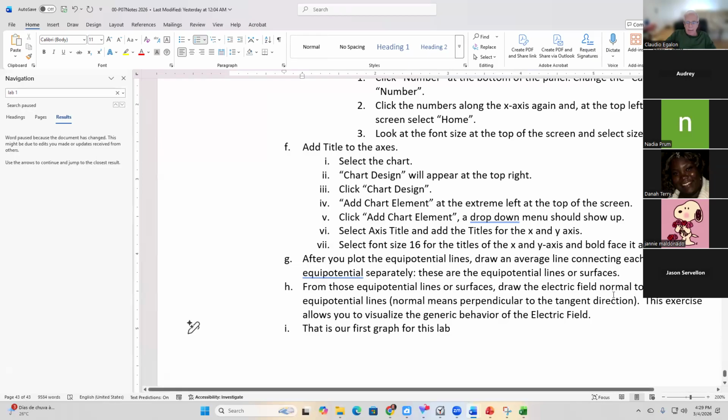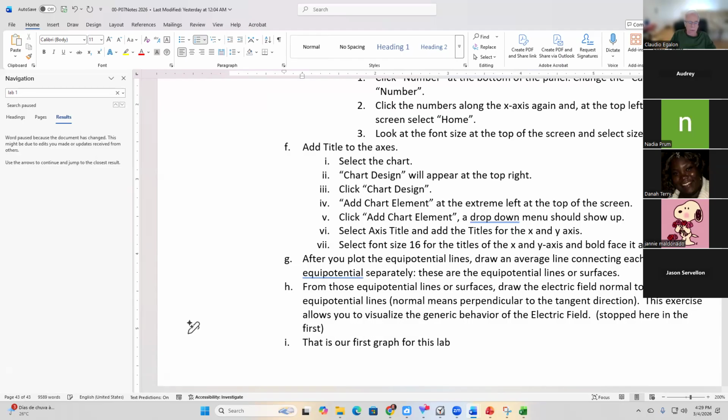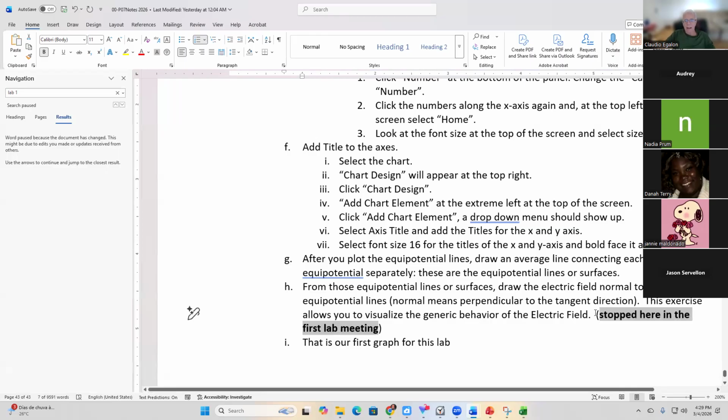I'm going to highlight it. Stop here in the first lab meeting. Pick it up in the next one. Go. Figure, highlight it. This is our first graph for this lab. Okay.